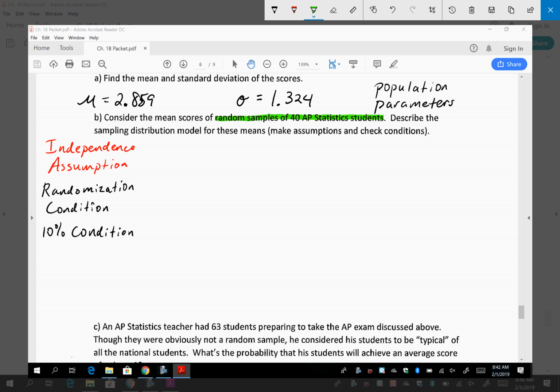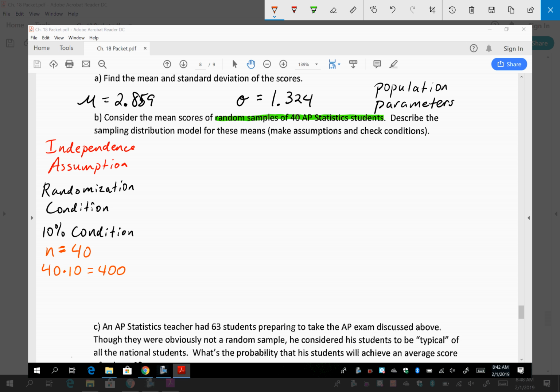Now I'm hoping, Yesenia, that they do mention something about randomness. What about the 10% condition? We can do a little work there. What's my sample size? 40. What do I do with my sample size? What is 40 times 10? 400.